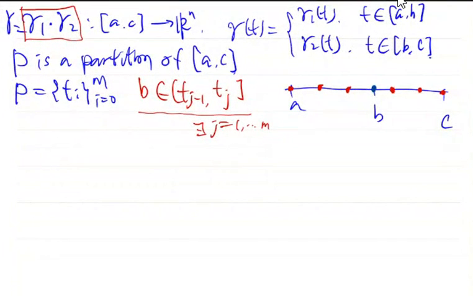So using this partition, we want to consider the length of the inscribed polygonal of gamma which respects this partition P. We want to consider this quantity.